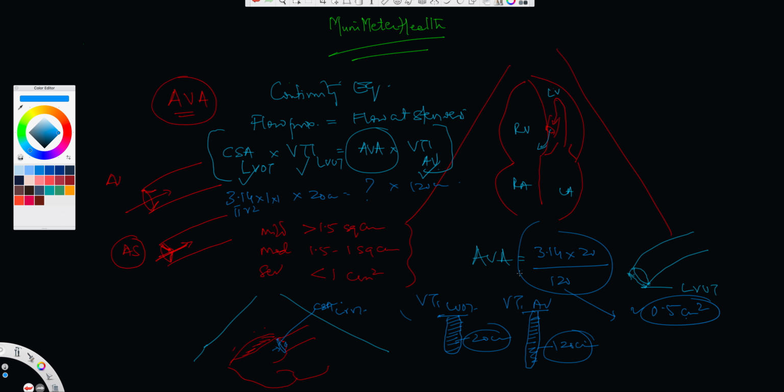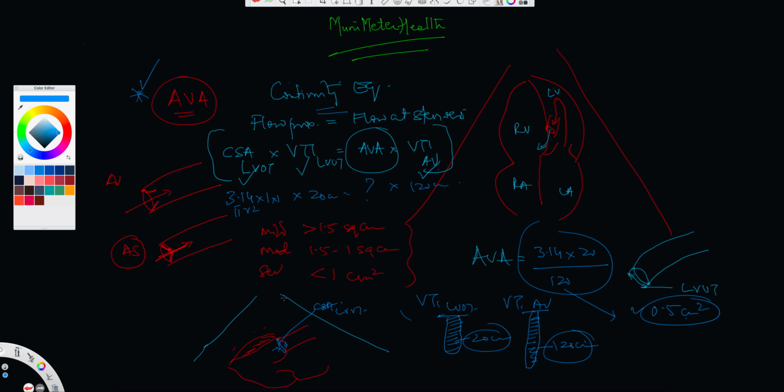Okay, so aortic valve area is actually calculated by the continuity equation, which is based on a principle that the flow proximal to the stenosis is equal to the flow at the stenosis. Okay, so aortic valve area can be very easily calculated by the continuity equation using the echo Doppler technique.